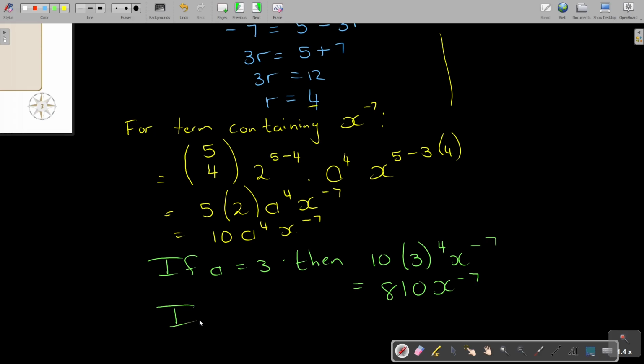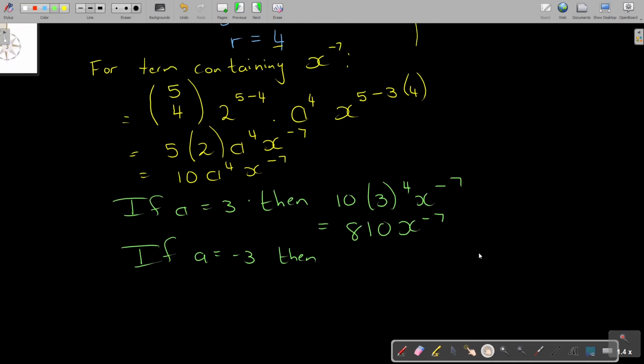But it's due to the even number. So if a is negative 3, check then, it's the same. Because now it's going to be 10, and it's negative 3 to the power 4, x negative 7, and then it becomes a positive also. Okay, so basically this is going to be 81 times 10, so it's also going to be 810 x to the power negative 7.